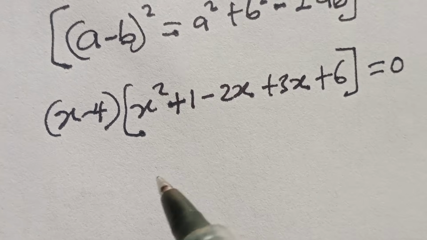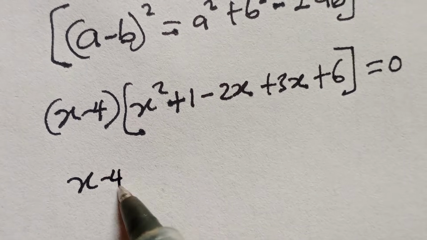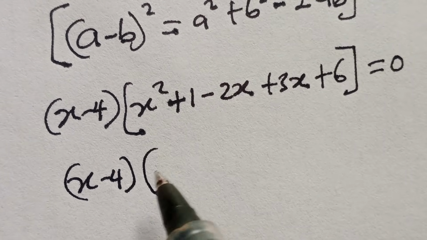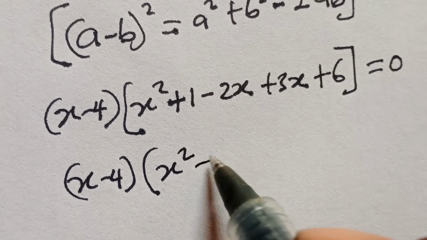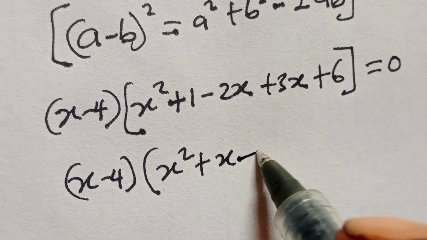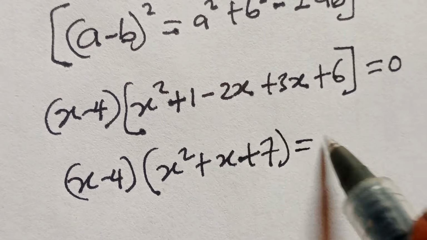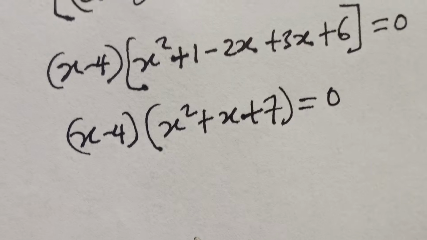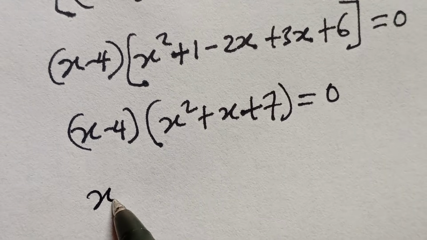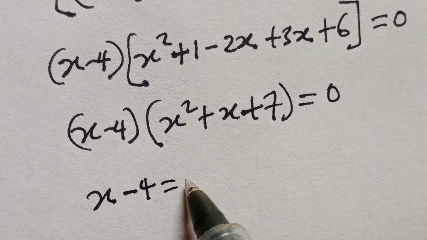From here we have x minus 4 into bracket x squared plus x plus 7, everything equal to 0. So we can simply say x minus 4 is equal to 0.